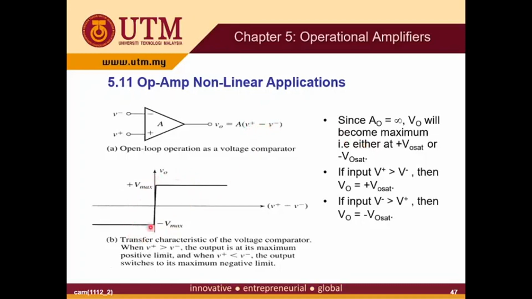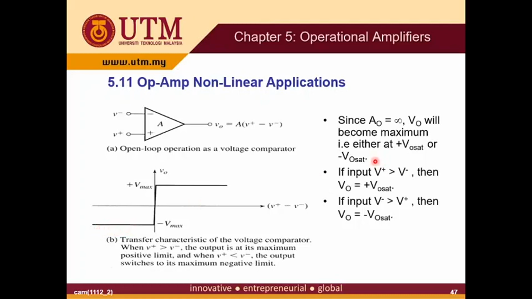This is the transfer characteristic of the op-amp, V out versus V in. The input of the comparator is V plus minus V minus. If V plus minus V minus is positive, V out will become positive infinity. If it is negative, V out will become negative infinity.